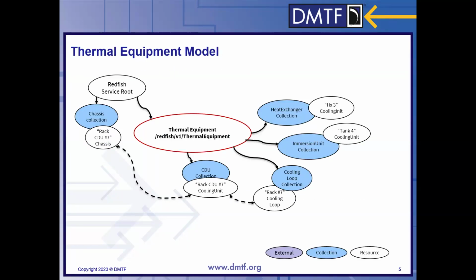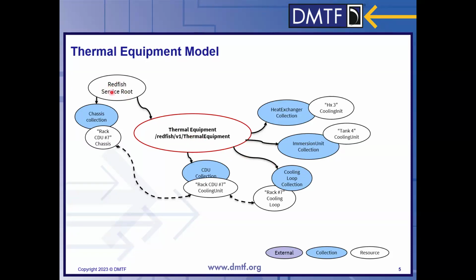As a user, again, this is hypermedia based, so you start at the service root, and that's at /redfish/v1. There are generally two links that come through any piece of equipment. There's what I like to call the functional model, which you may want to call the logical model, but I try to avoid that term. The functional model is thermal equipment, and so you can see here there's a room where you could have the heat exchangers, immersion units, CDUs, and cooling loops.